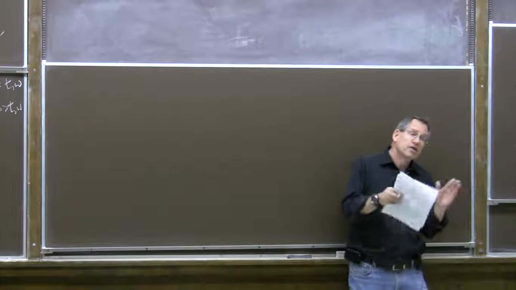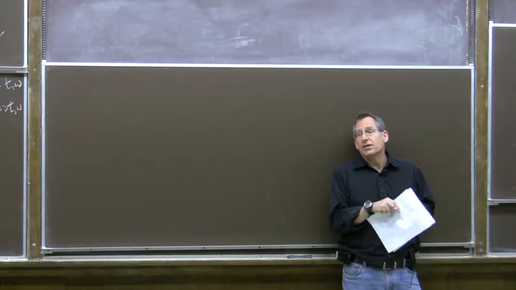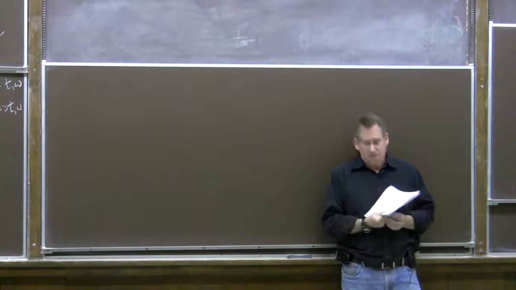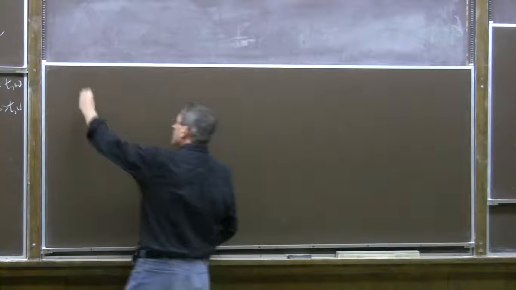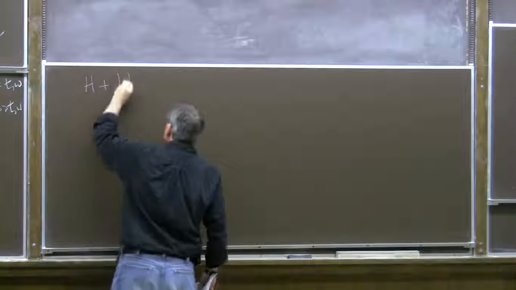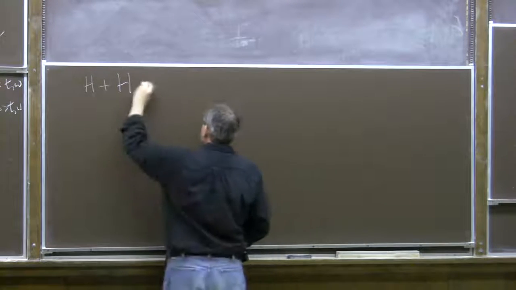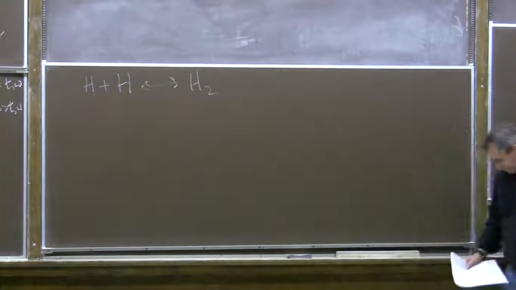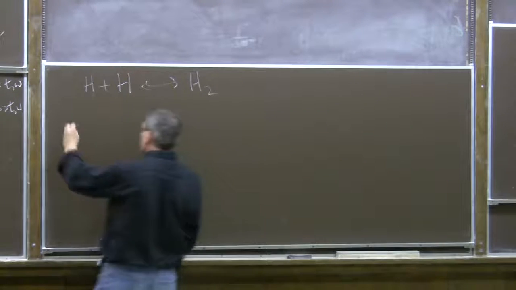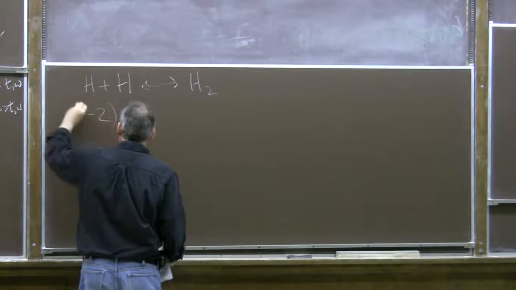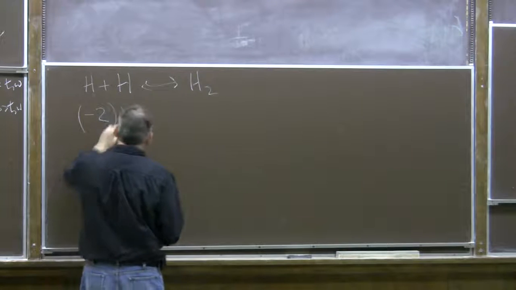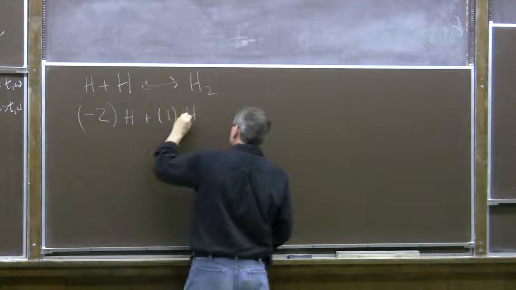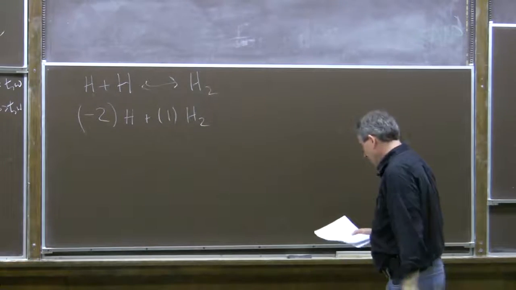A hydrogen molecule can dissociate into 2 hydrogen atoms, or 2 hydrogen atoms can combine to give a molecule. So we can consider the reaction hydrogen plus hydrogen goes to hydrogen molecule. Or if you want to write it as a chemical equation, let's say minus 2 H plus 1 hydrogen molecule equals 0.